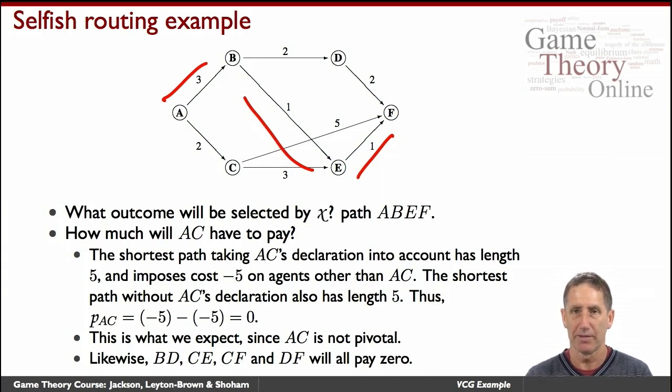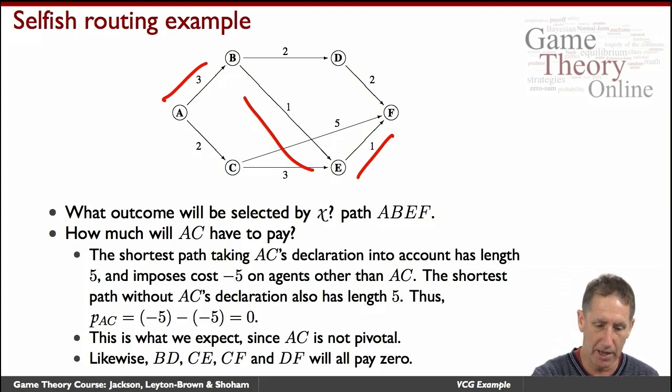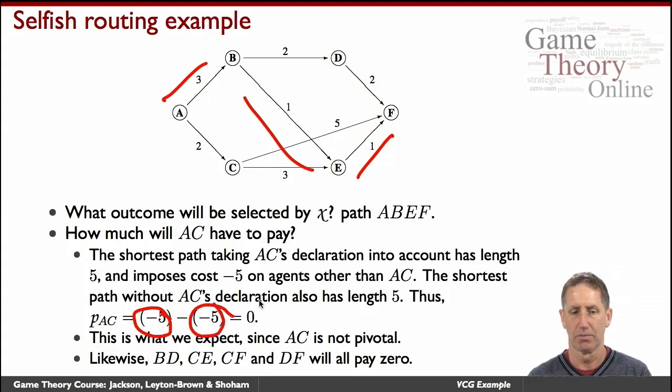Well, it would have been the very same path, so the shortest path. And so the cost would have been 5 also. And so the amount that AC pays, if you wish, is the difference between the cost to the agents with him in the picture and the cost without him in the picture, which of course is 0.